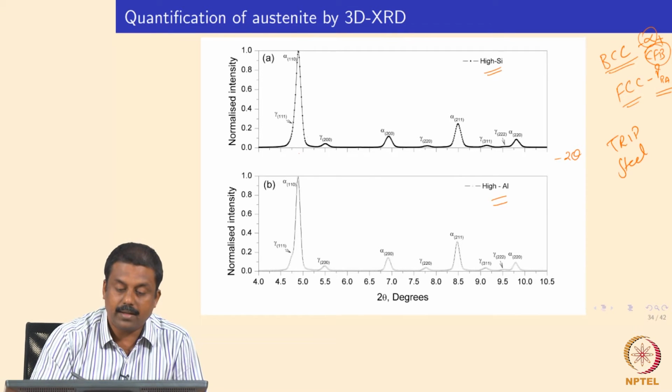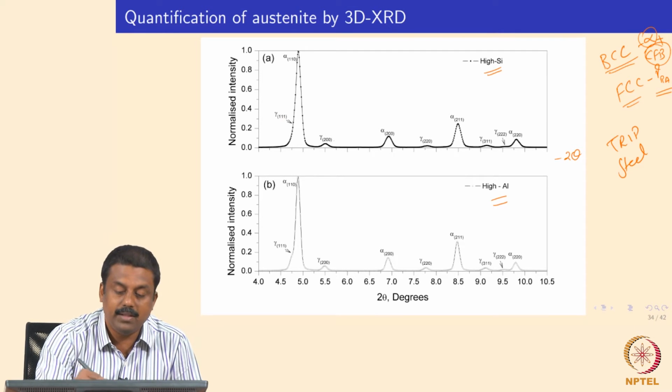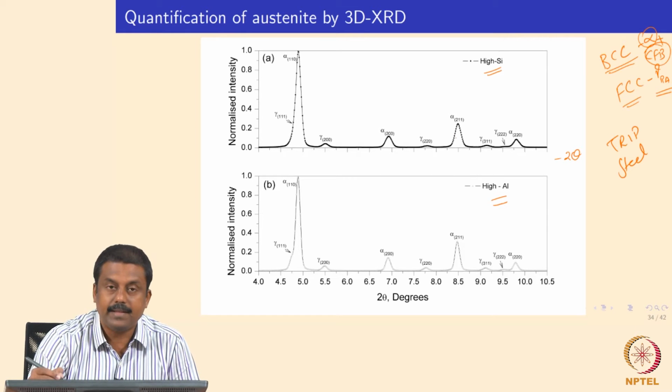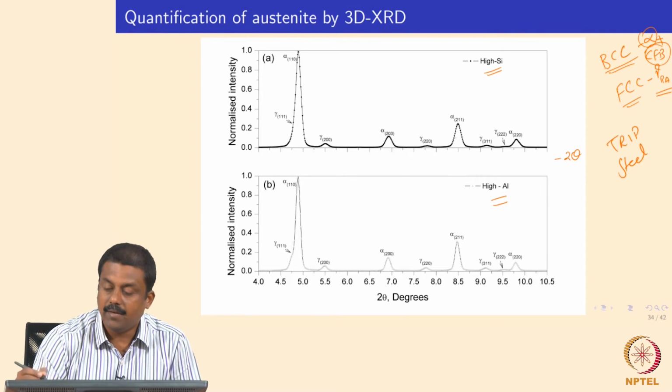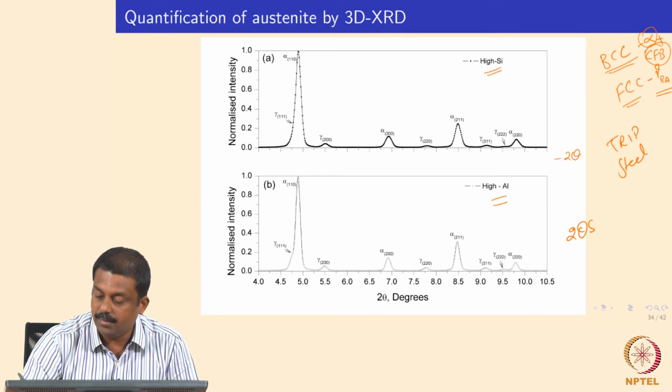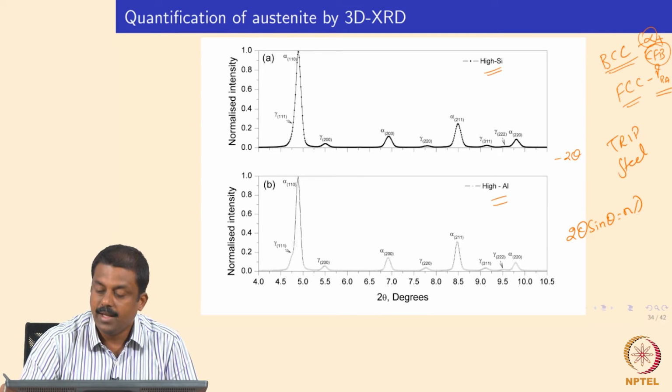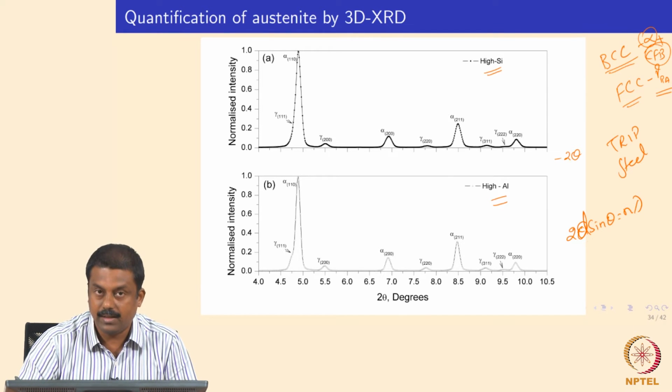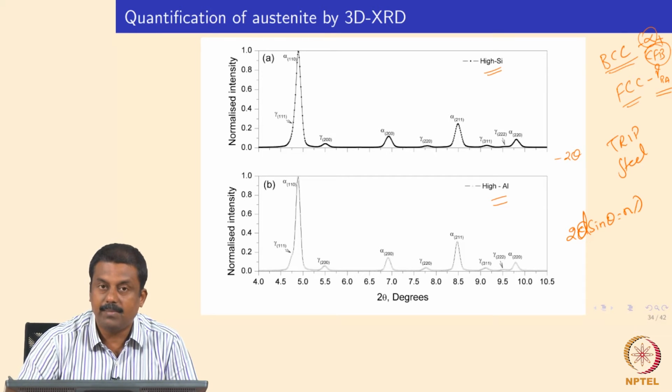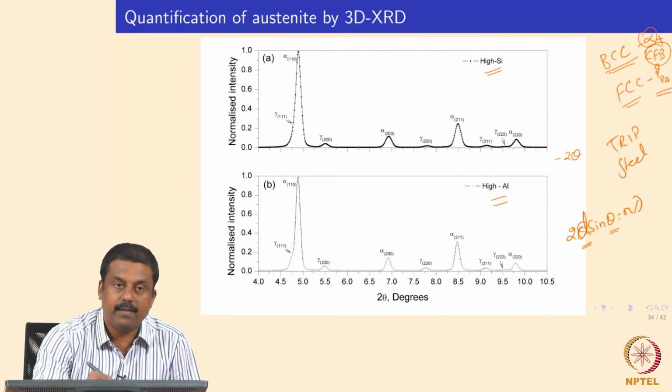They would give you diffraction patterns at given individual 2 theta, and the planes of FCC and BCC would diffract when they satisfy Bragg's condition, which is 2d sin theta equals n lambda, where lambda is the wavelength of the X-ray. When the d spacings of the crystal planes satisfy Bragg's law, you get a diffraction pattern.